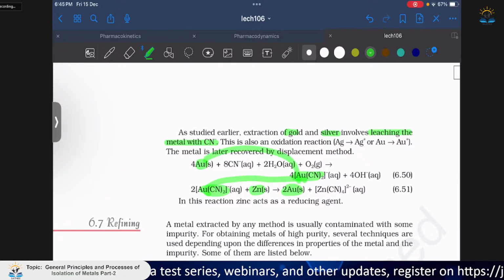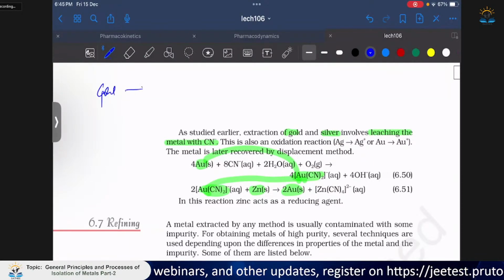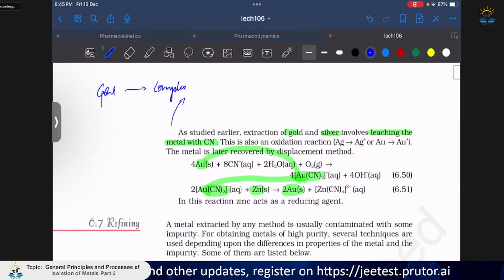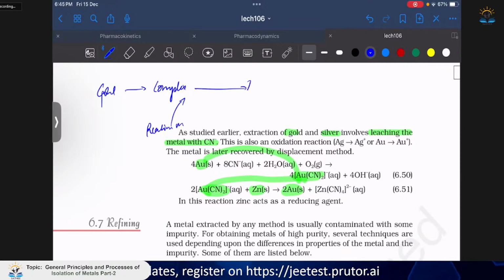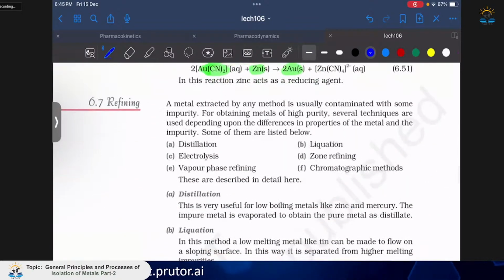That is what you need to remember: the reactive metal complex plus gold. So this is how you extract gold.